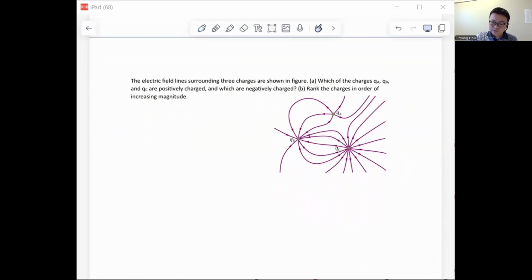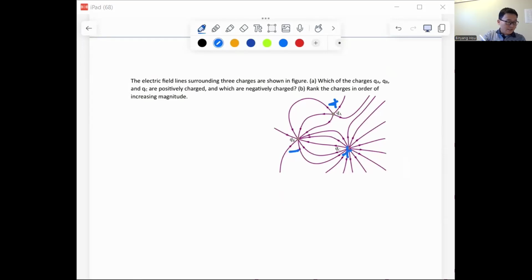The first question is asking again, which ones are positive, which ones negative? So for QA, lines are coming out, so QA is going to be positive. For QB, lines are going into it, so it's going to be negative. For QC, again, lines are going out, so it's going to be positive.